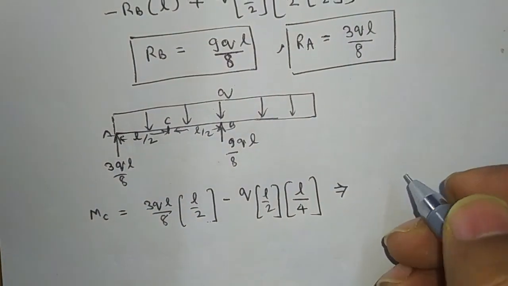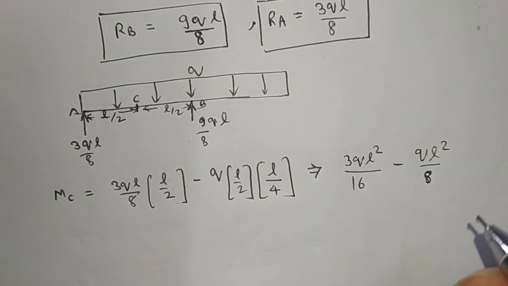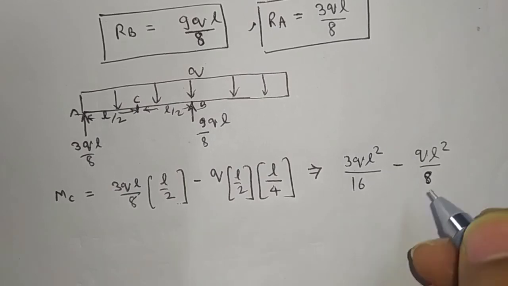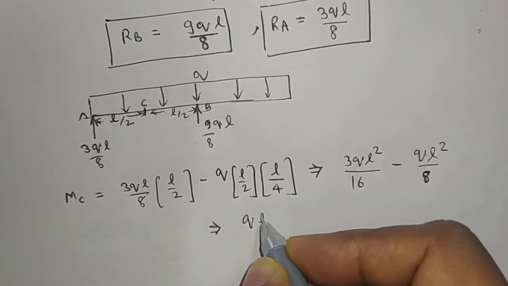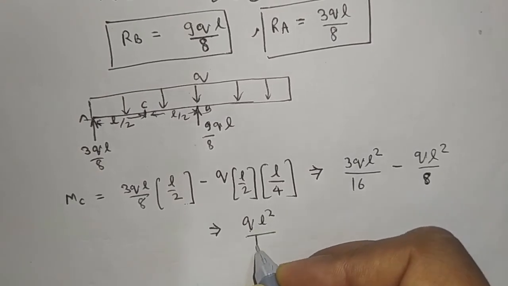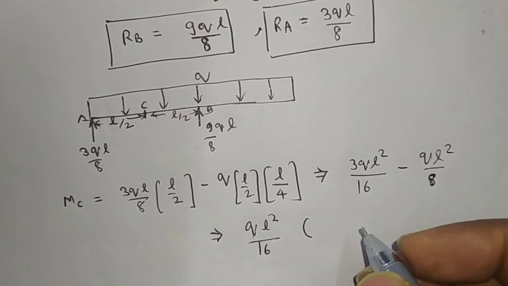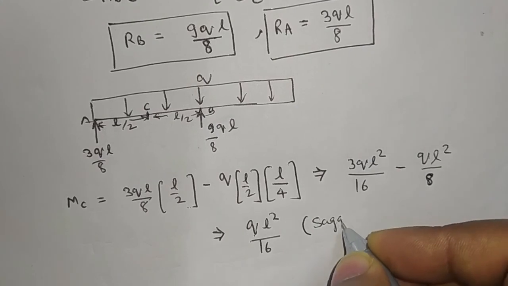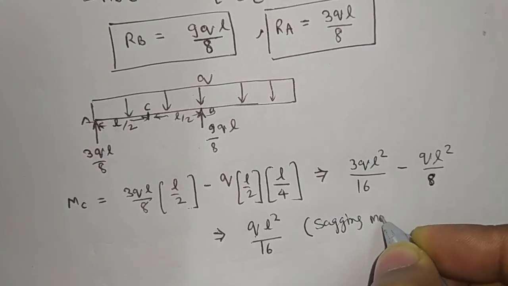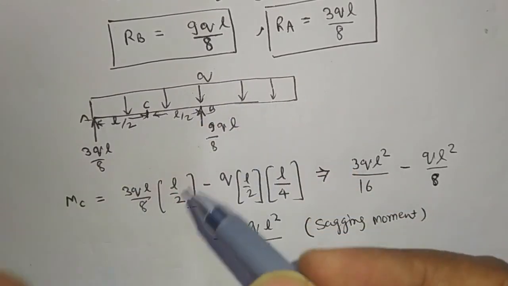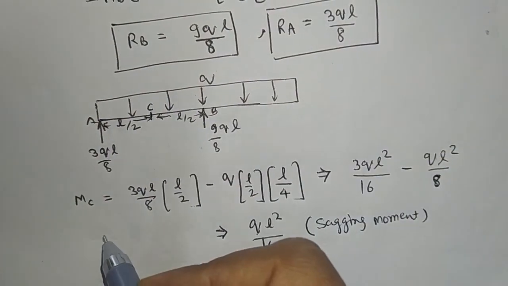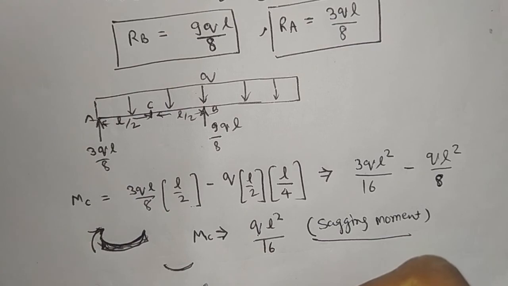We will get the moment at point C, which after solving is QL square by 16, which is a sagging moment. It tries to bend the beam into this shape, so option A will be the correct answer.